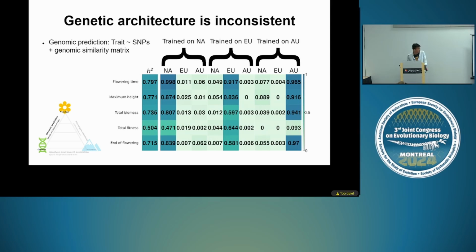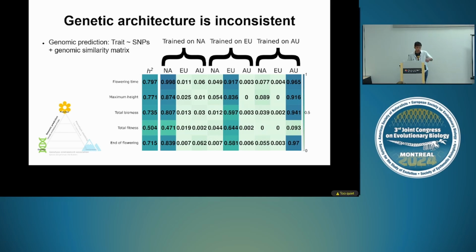So here I'm showing the results of genomic prediction models where I've tried to predict the trait using SNPs and then a genomic similarity matrix to account for population structure. What I found was that models for all the traits were really only good at predicting within the same region.